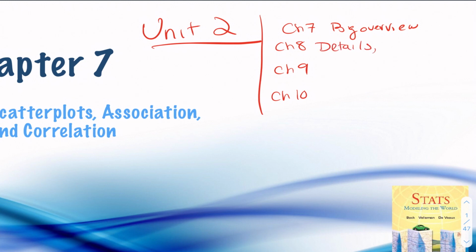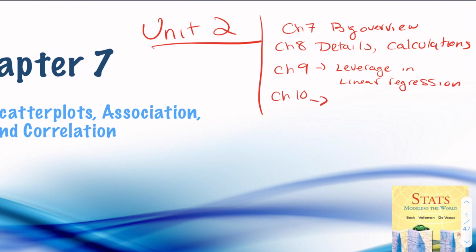How do we do these calculations, and how can we go from problem to problem, and what are the specifics that we need to understand? Chapter 9 focuses on outliers and gaps and things that have leverage in a linear regression. And then Chapter 10 is more about what happens when we are not so linear.